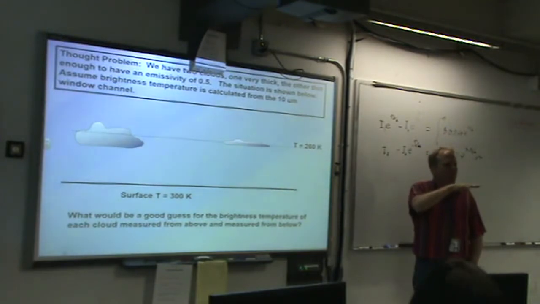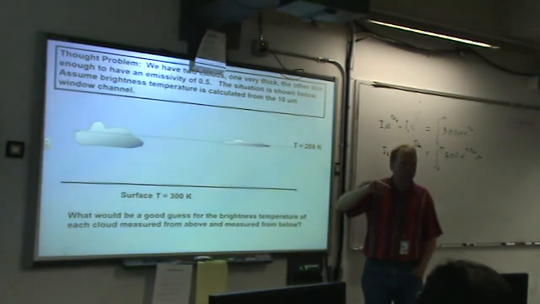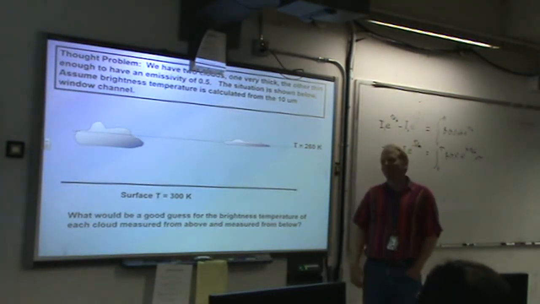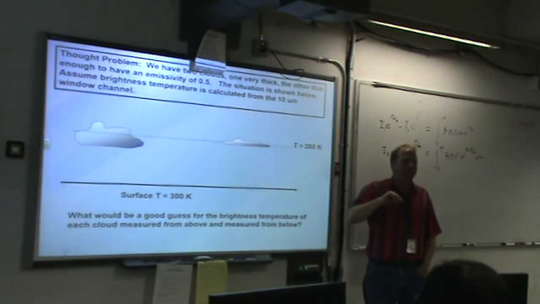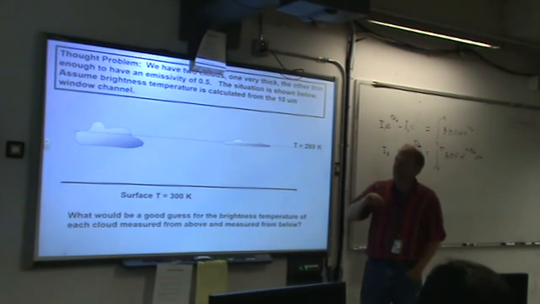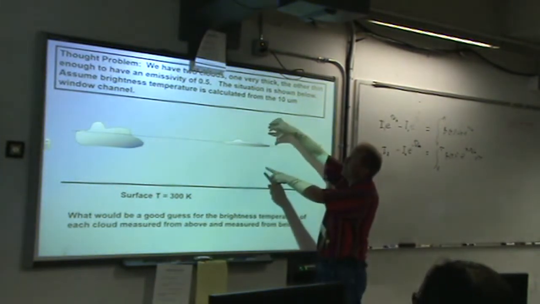So you see about 140 because you said the average of the two. Average of 300 and 260 last time I checked was not 140. No, I thought you said you were seeing half of the surface temperature. No, in between. You see half of the intensity from the surface temperature. Oh, half the intensity. Okay? So you're taking half of this intensity and half of this intensity.